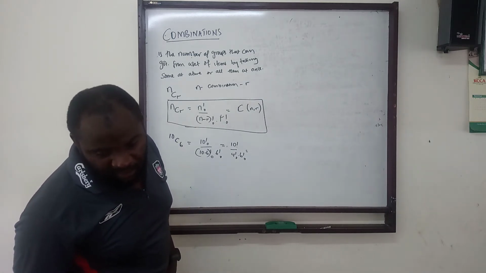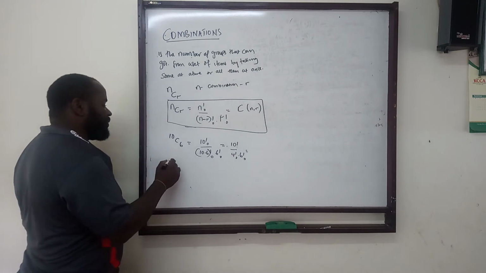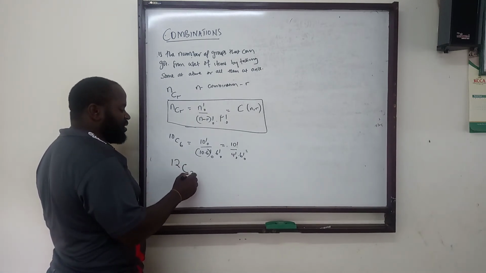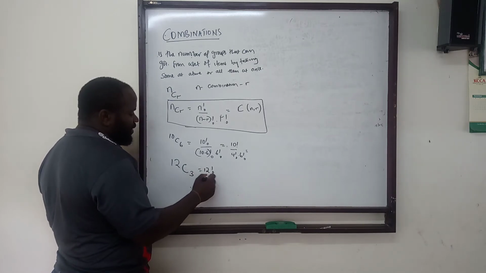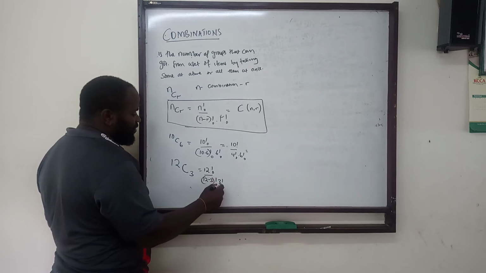We can have another one, which can be, for example, 12 combination 3. 12 combination 3 is the same as 12 factorial divided by 12 minus 3 factorial, 3 factorial.